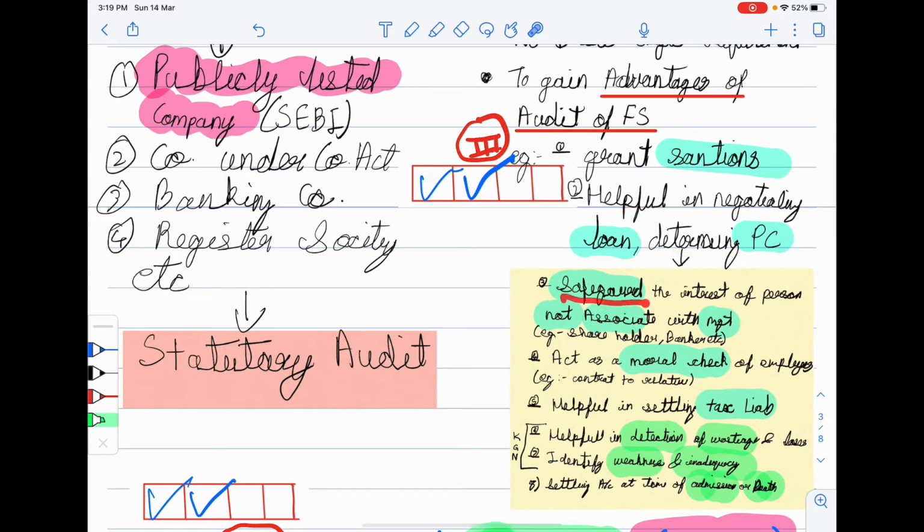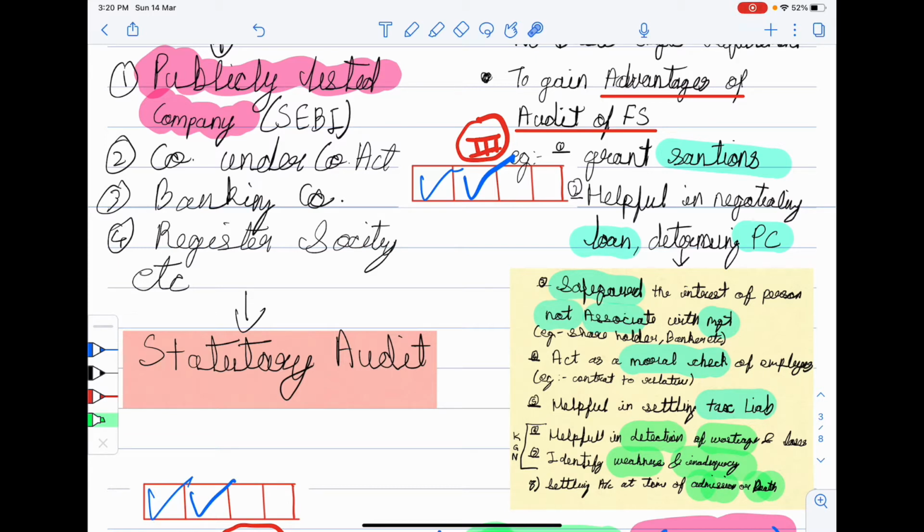It also safeguards the interest of the person not associated with the management. Persons not associated with the management means shareholders and bankers, etc. Shareholders and bankers give their money to the management, and management performs the business, and whatever transactions they have done are listed in our balance sheet and P&L.